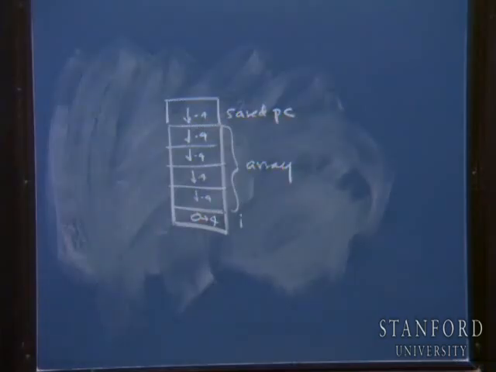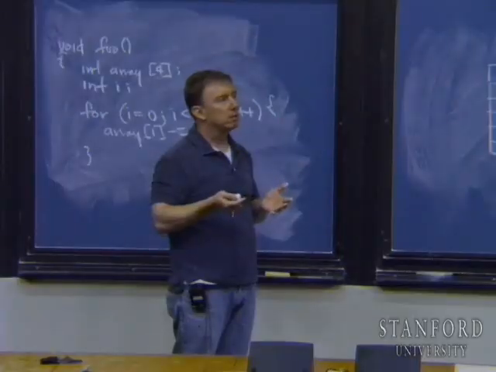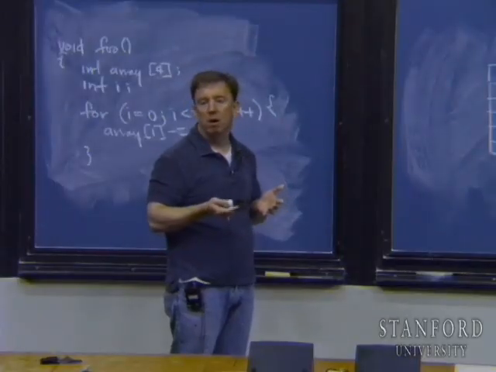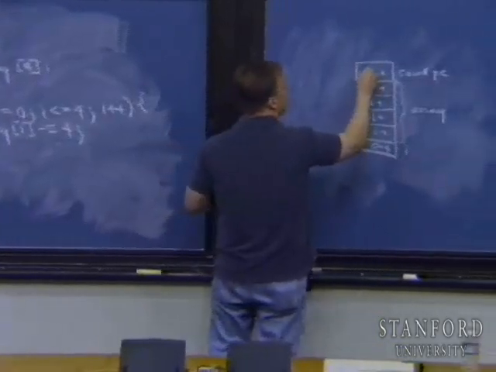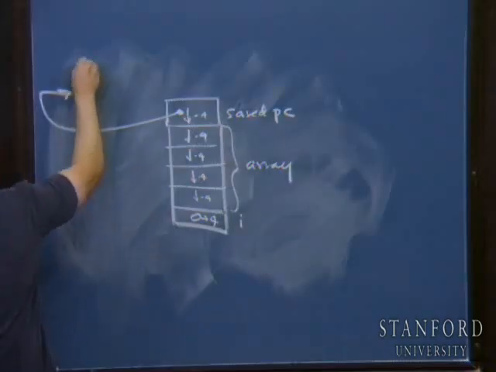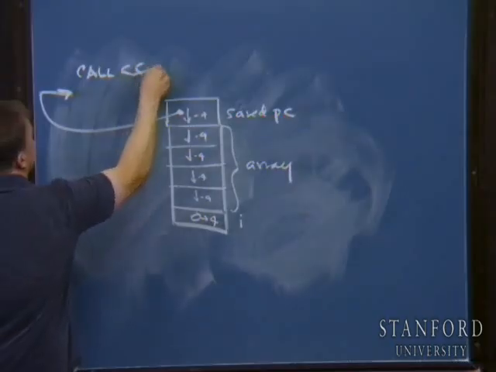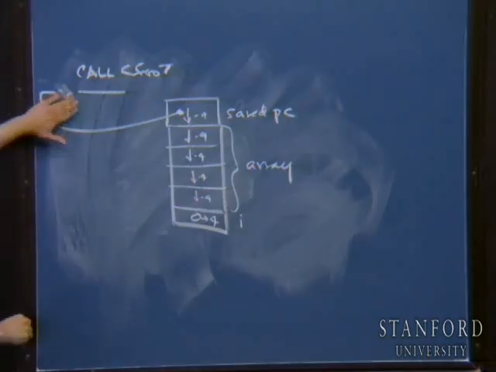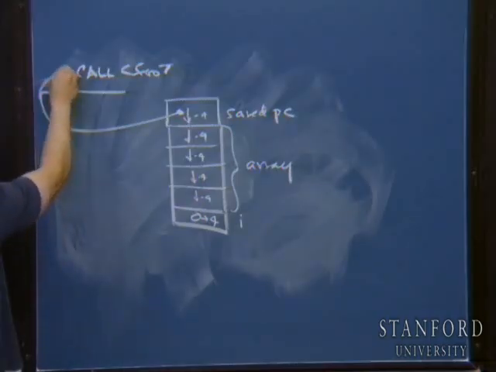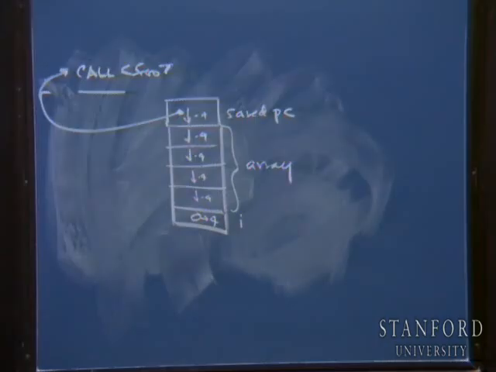So the saved PC, without really knowing, somebody took the saved PC and decremented it by 4, numerically by 4. What that means is that this is a pointer which used to point to the instruction after the call to foo, something that lets it continue. Somebody said, I'm going to make you unhappy and put you right there.